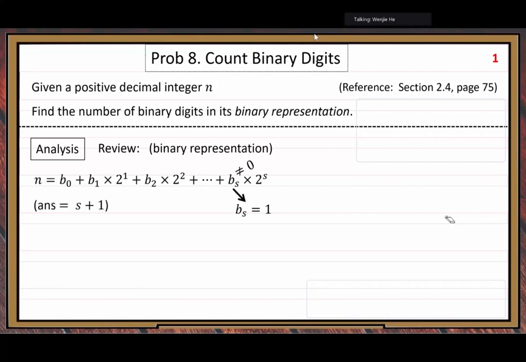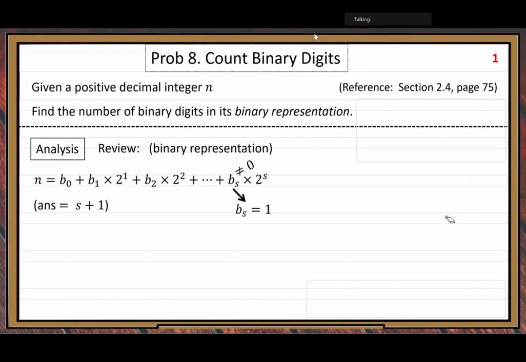Now let's do the transformation on this formula. Here, the goal is to count the number of bits in this binary representation. Because we assume the most significant bit is non-zero, we can count the number of bits easily. That's s plus 1, right?